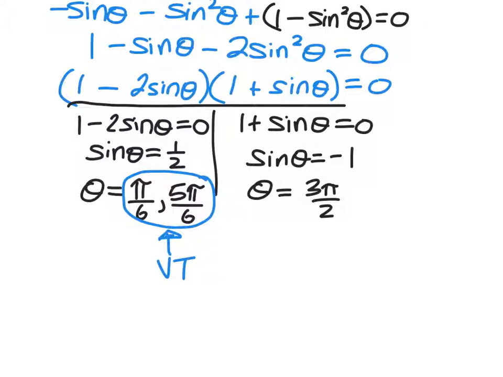On your calculators, it actually plots the point on the curve also, so it becomes even more obvious. If you just ballpark it, 1.3 is about right here, and then 0.75, shoot on up, it's about right here. That seems about right. If you do the same thing for 5 pi over 6, it's a pretty solid bet that's going to put you over here, but verify, at least for your own satisfaction.